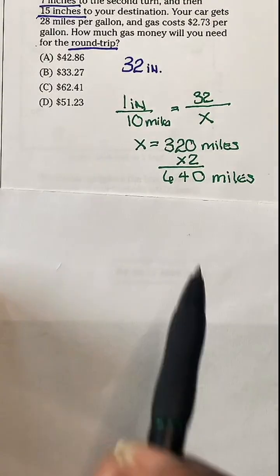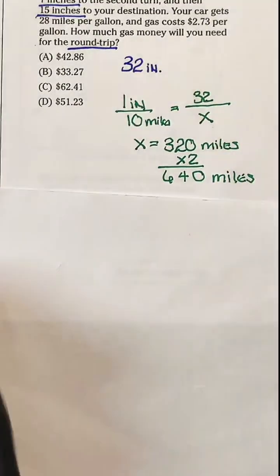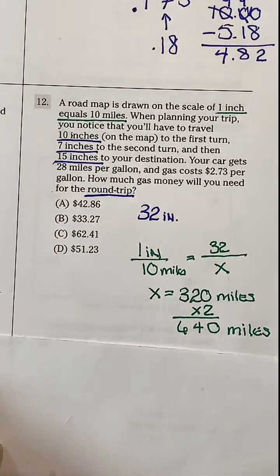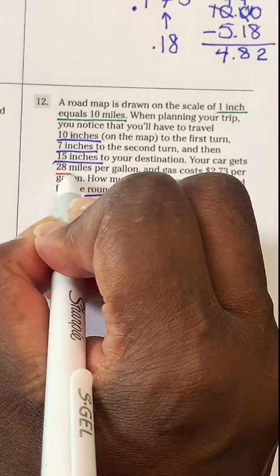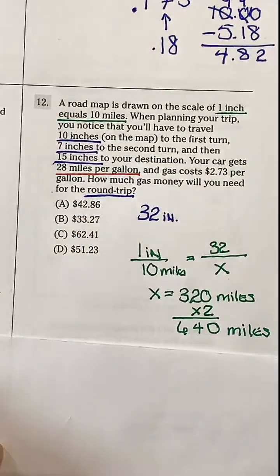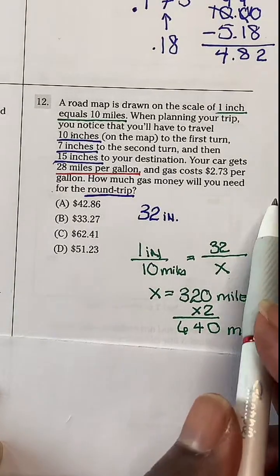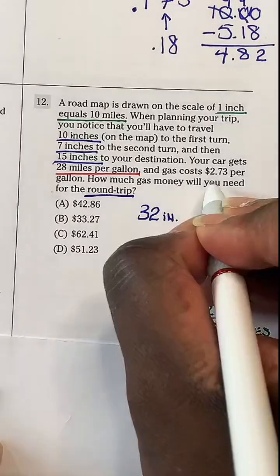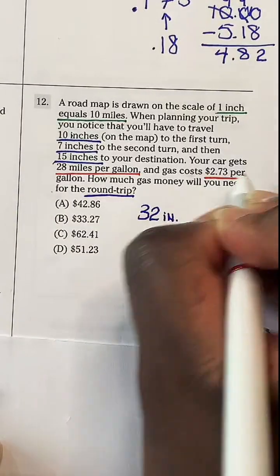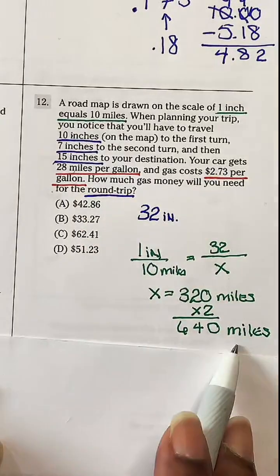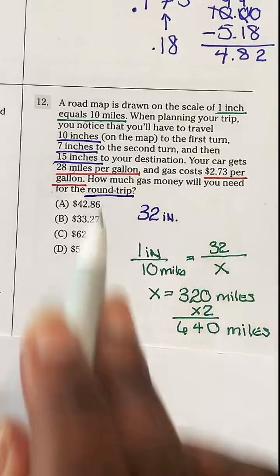But how much gas money are we trying to get? Remember, they told us a little bit of something else. They told us that we get 28 miles per gallon. If we want to know how much gas money we're going to need, we have to do something with the $2.73 per gallon. So we got our miles, we need our gallons.